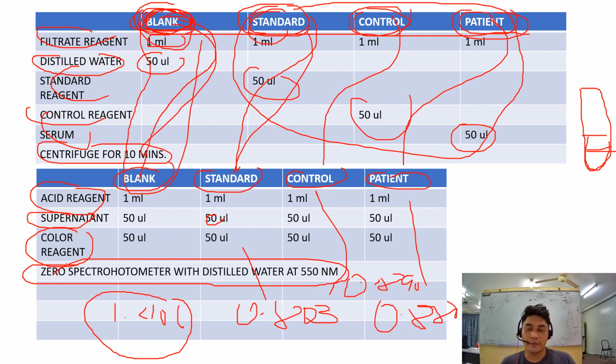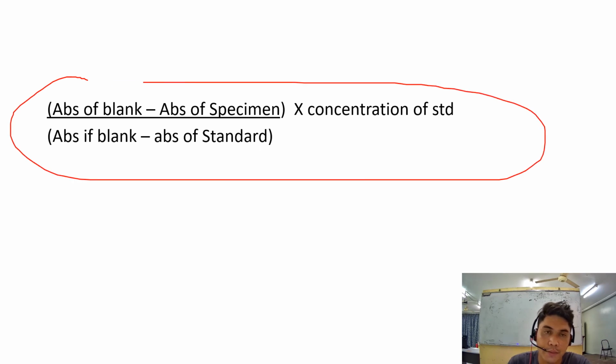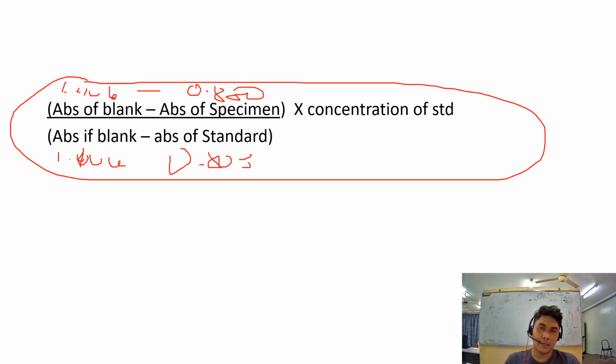So let's compute for the concentration. For the computation, you follow this: absorbance of blank, which is 1.406, minus absorbance of specimen or patient, which is not 1.880, but 0.880, divided by absorbance of blank, 1.406, minus absorbance of standard, which is 0.803, times the concentration of the standard, which is 150.